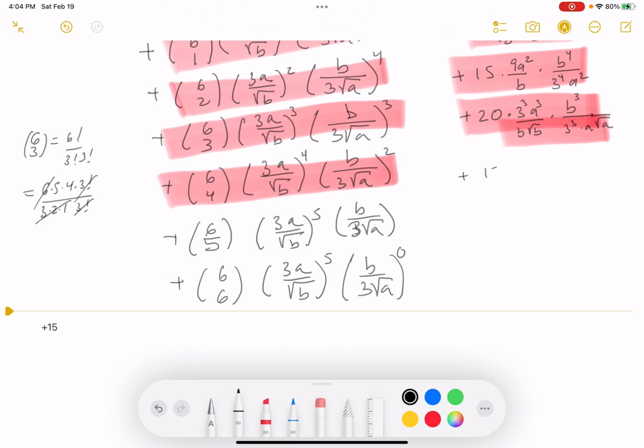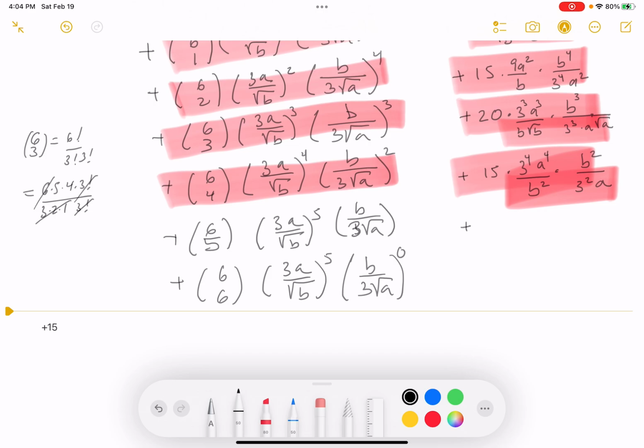Plus 15 times 3 to the 4, a to the 4, b squared, 3 squared, a. That's done.